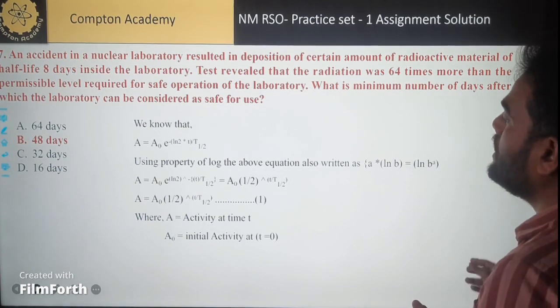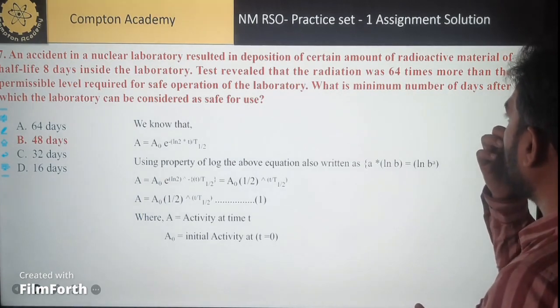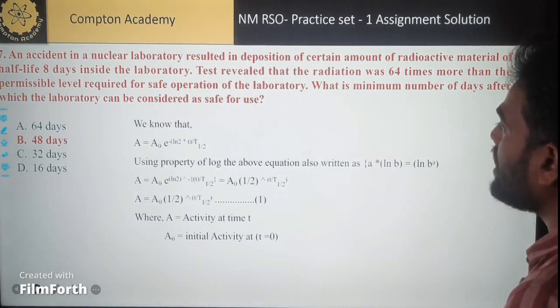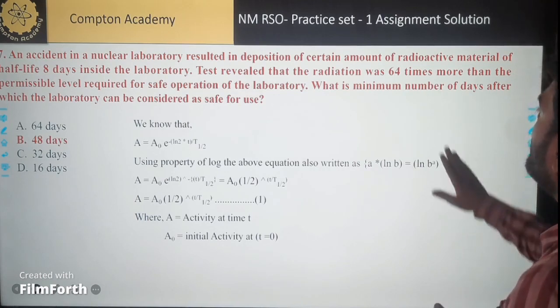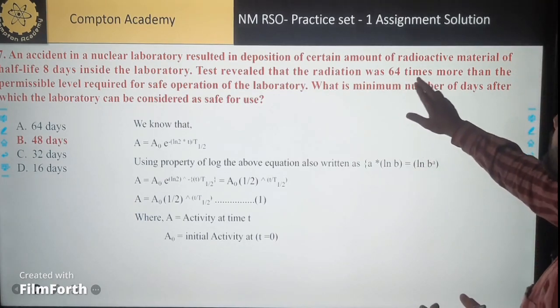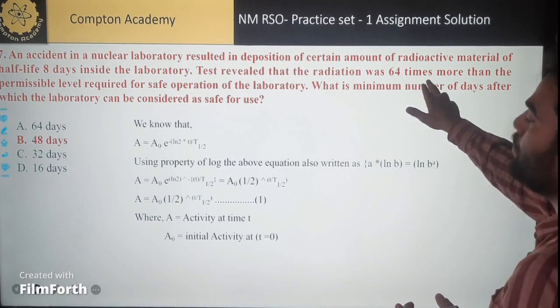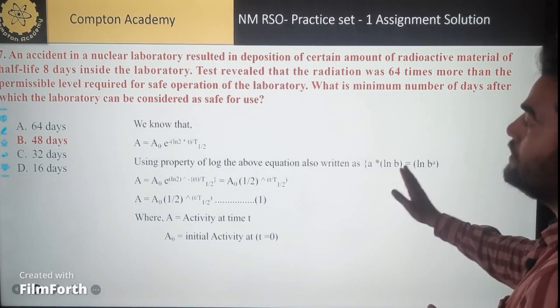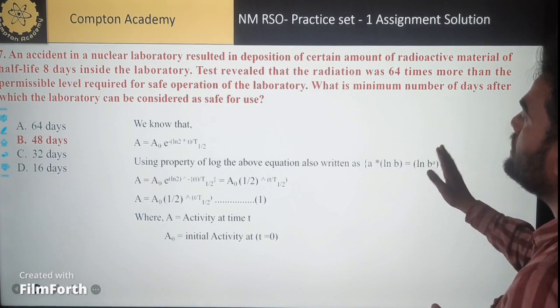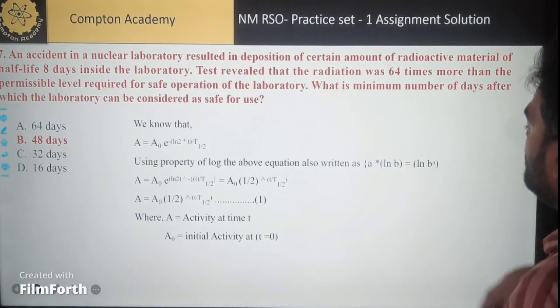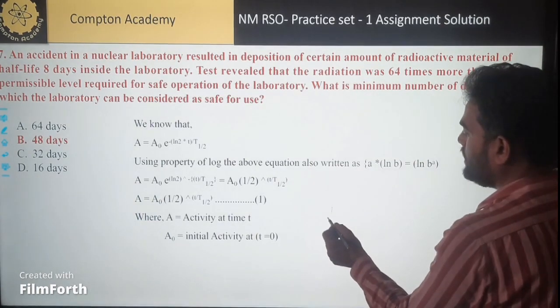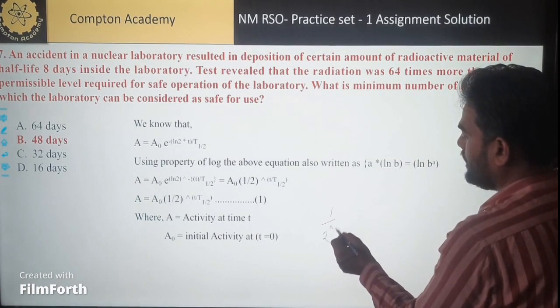So in this, first we will calculate according to the reduction factor. Here we will reduce this 64 times to 1 time, then you will be able to reach it safely. You know that the reduction factor is defined as 2 raised to power n.